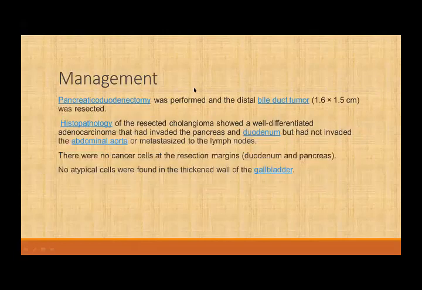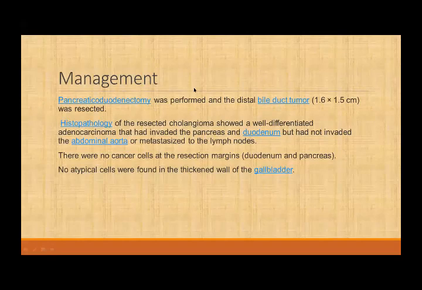So the pancreas was removed, the duodenum was removed, and the distal bile duct tumor was resected. Histopathology of the resected cholangiocarcinoma showed a differentiated adenocarcinoma, which had invaded the pancreas and duodenum. So this patient had a progressive cancer, cholangiocarcinoma, which invaded the duodenum and the pancreas, and that was removed as well.